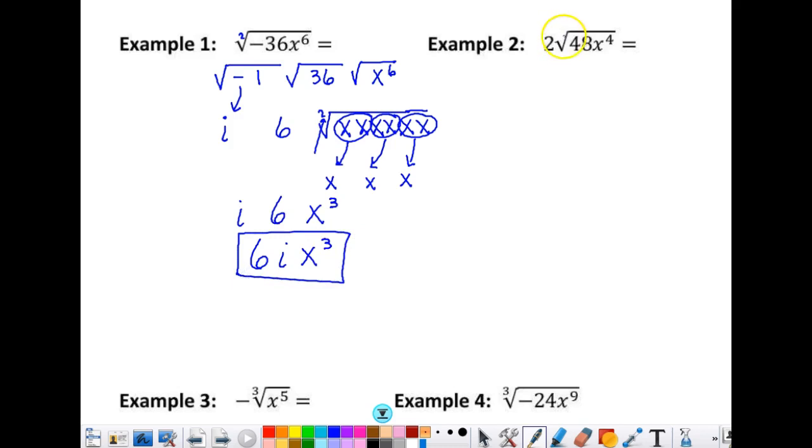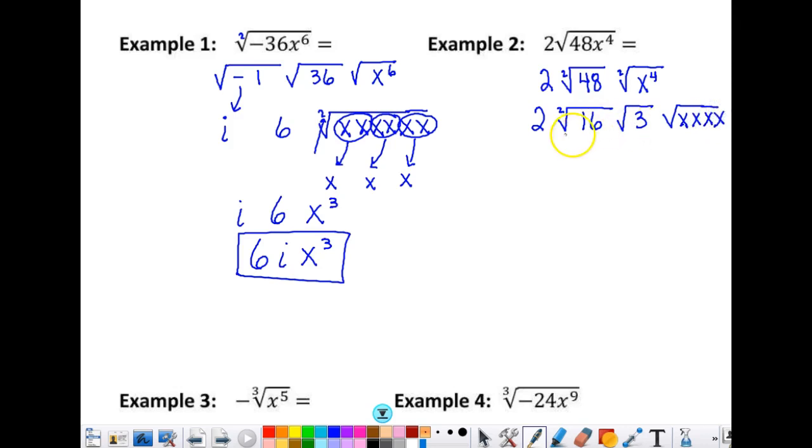If you'll notice, this is a square root. Let's give everybody their own radical sign. We've just got to make sure we keep the 2 going with us. Okay, for square root, we've kind of learned which ones to use. And 16 and 3 works best for 48 because the square root of 16 is 4.